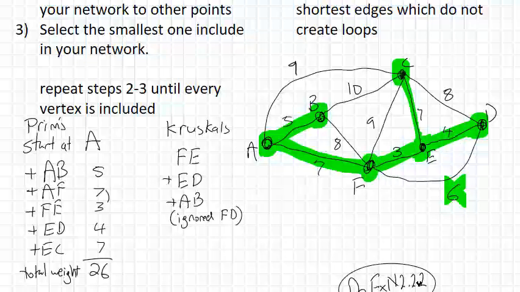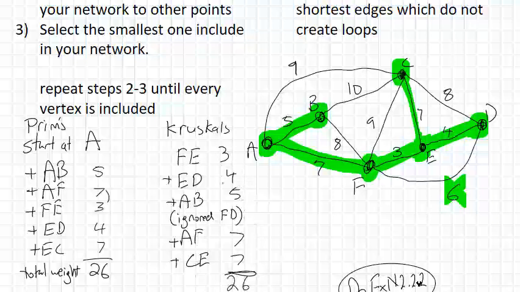And then we put in AF and CE. So again, but this time it's 3, 4, 5, 7, and 7. Well, the weight adds up to, again, we've got a 10, a 9, and a 7. We have 26. It's the same sides. It's going to be the same weight.